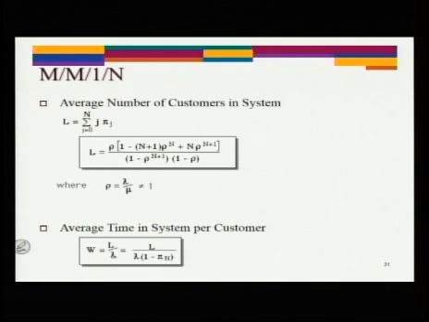Okay? So we can determine the average number of customers in the system like this. And also using Little's law, we can determine the average time in the system per customer. So also keep in mind that these formulas work for M/M/1/N only. Okay?